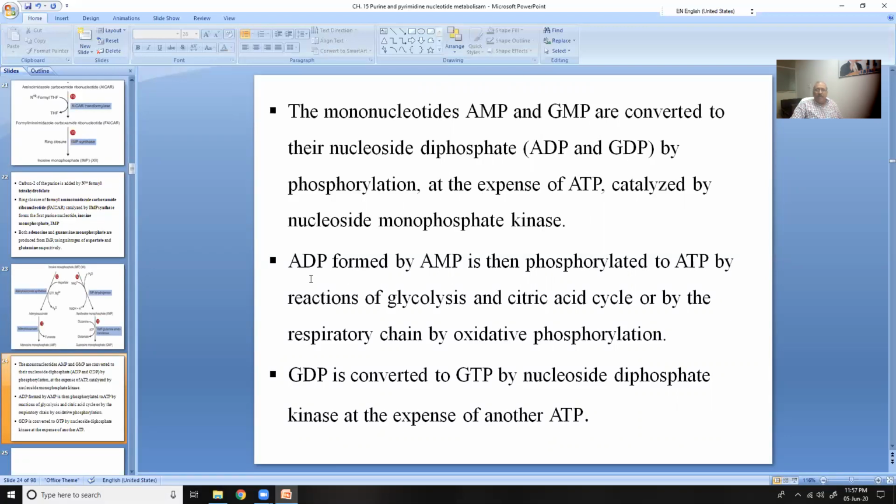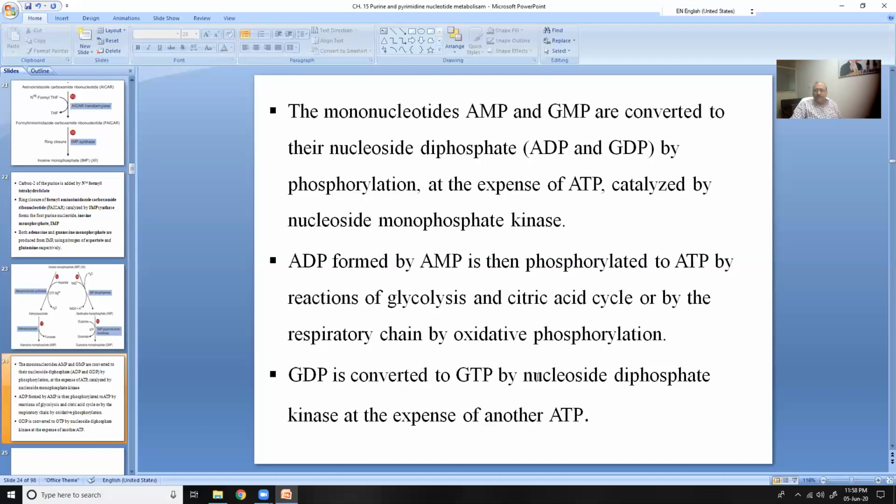Okay. ADP formed from AMP is then phosphorylated to ATP by reactions of glycolysis and citric acid cycle or by the respiratory chain by oxidative phosphorylation. Biological oxidation will be covered by Dr. Dharamveer. GDP is converted to GTP by nucleoside diphosphate kinase at the expense of another ATP.